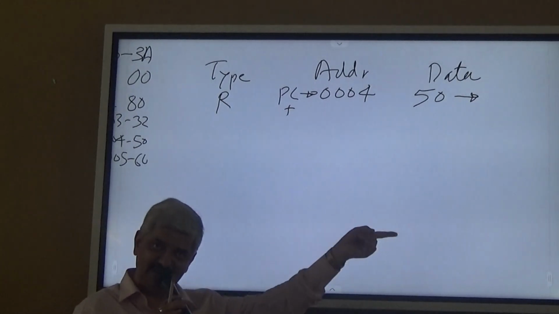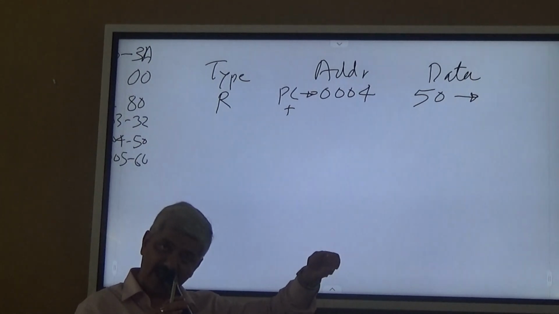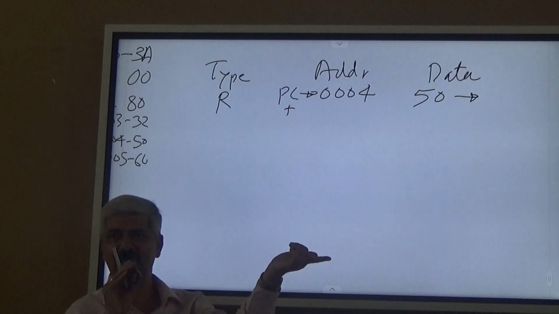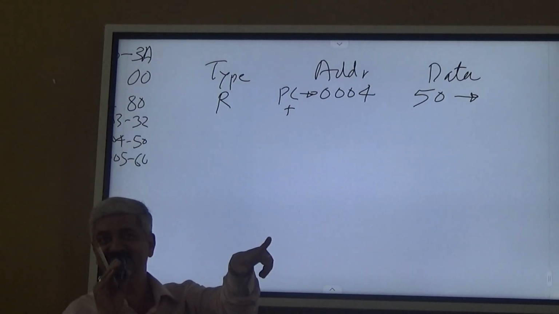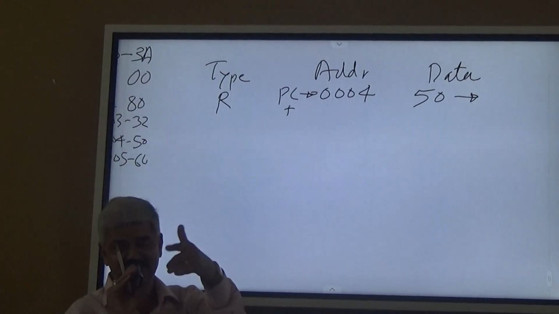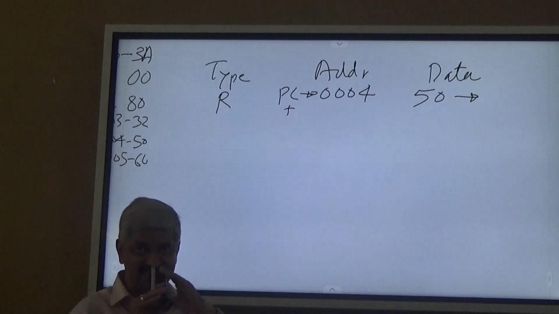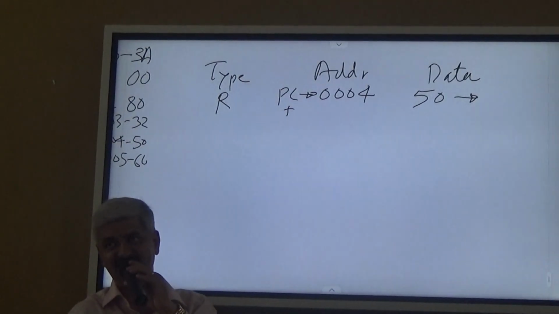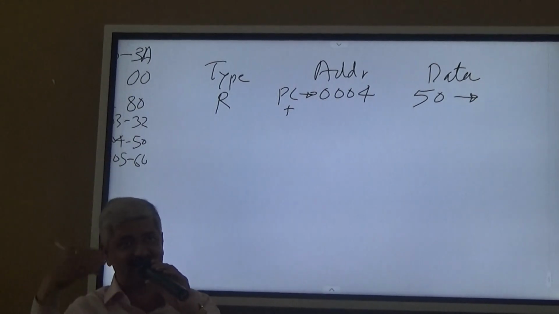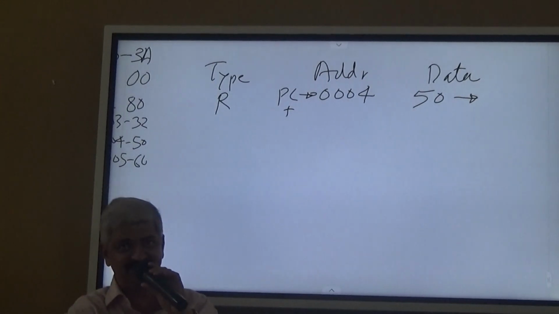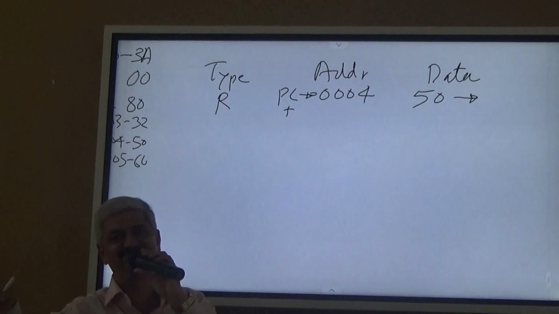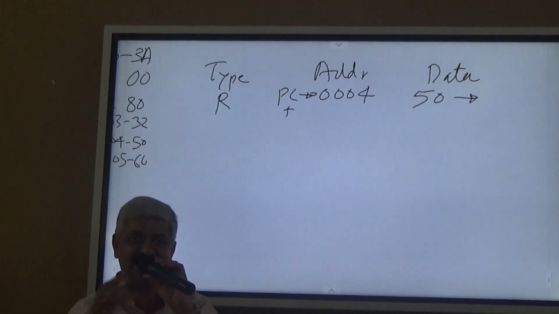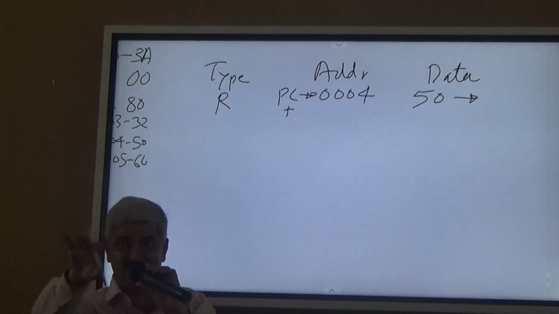Something which is available now, required later and not available at that time needs to be stored. Then why don't we store? If it is available now and you are sure it is not required at all, then we don't store it. What to store? That which is available now and will be needed later. If it is available now and needed now, there is no need to store it. Matter closed. If it is available now and needed later, and when needed it will not be available, then store it. If it is available now but not needed later, there is no need to store it. Or if it is available now, needed later and will also be available later, then you don't store it.